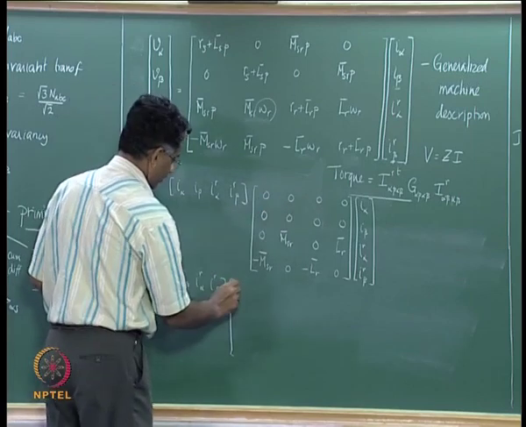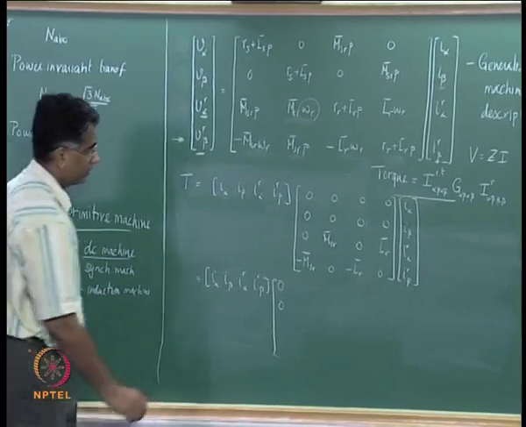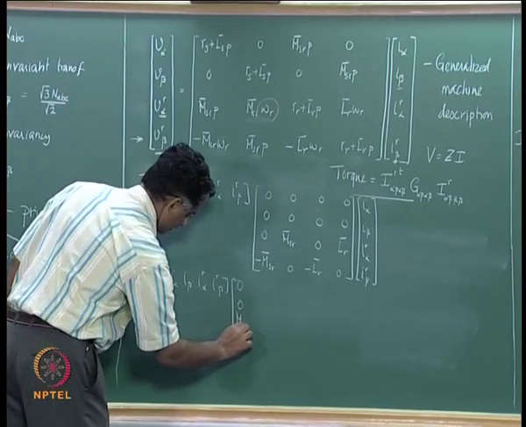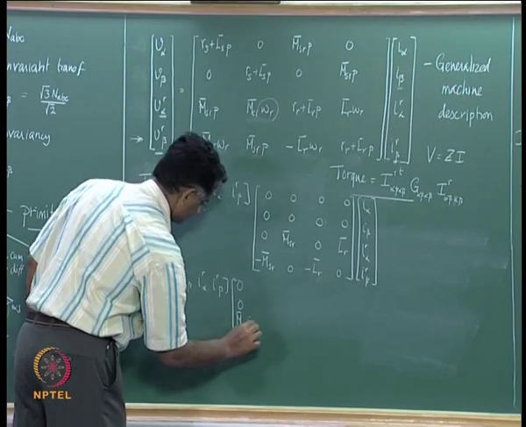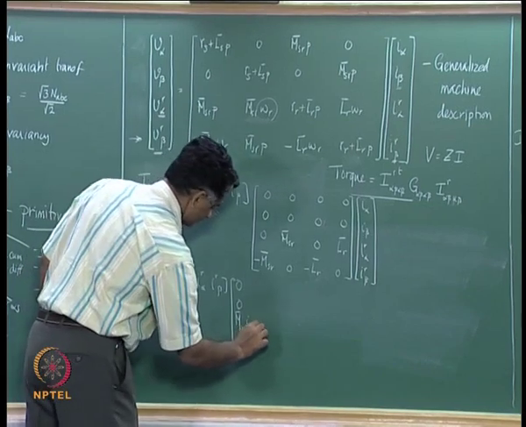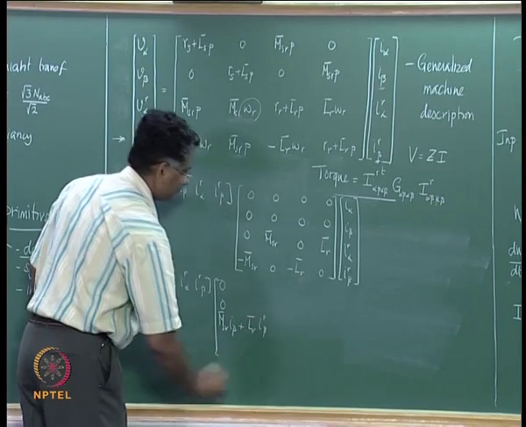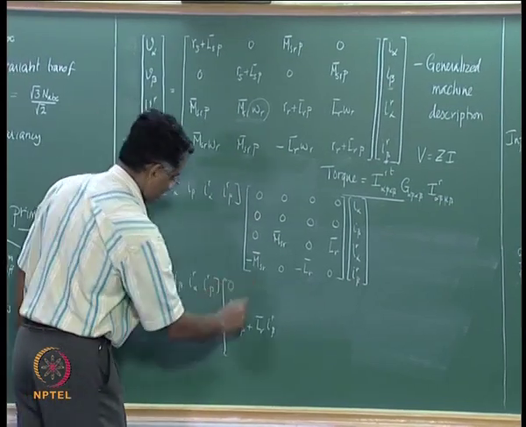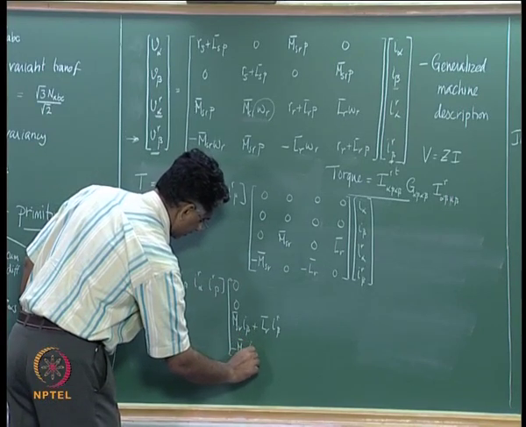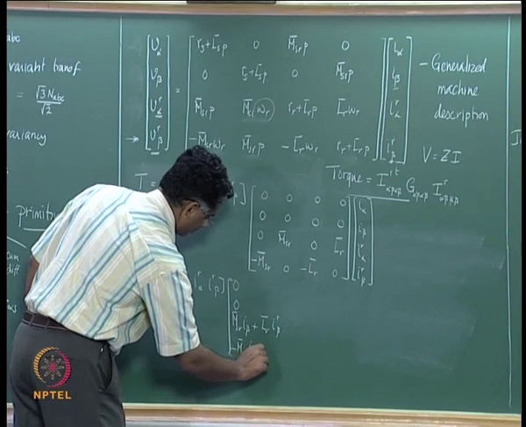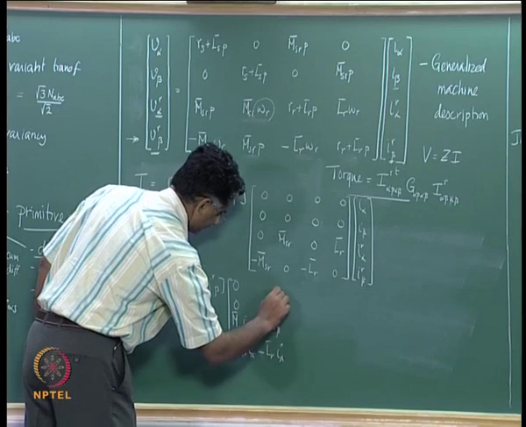Upon simplifying this, what you have is I alpha, I beta, I r alpha, I r beta multiplied by the first row, which is obviously going to give you 0, the second row would obviously give again 0, then you have MSR bar multiplied by I beta plus LR bar multiplied by I r beta, and then the last row gives us minus MSR bar multiplied by I alpha minus LR bar multiplied by I r alpha.